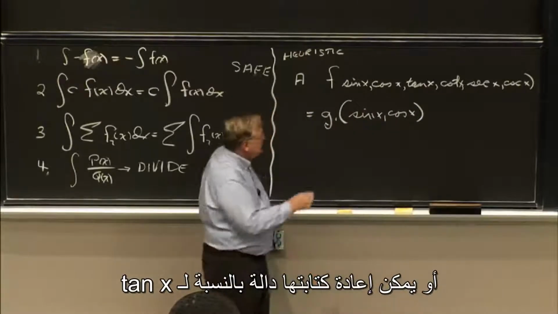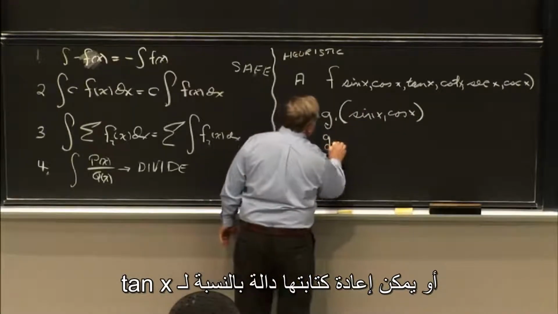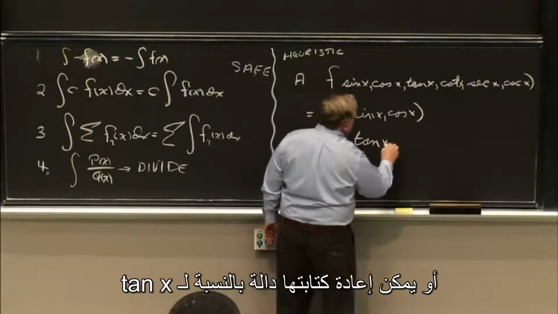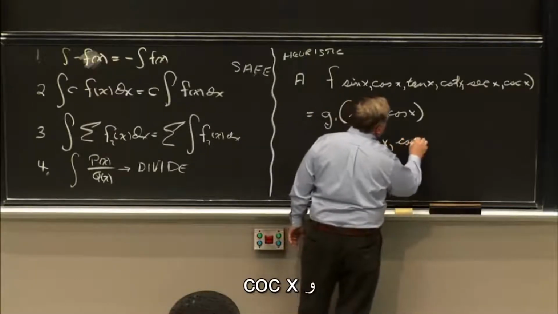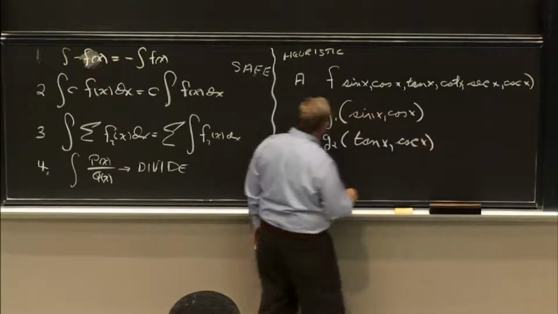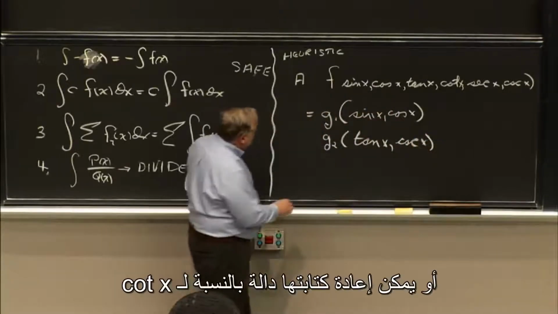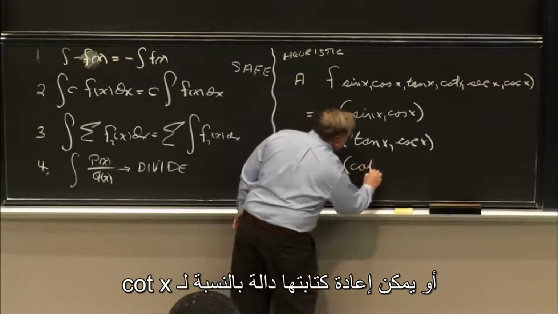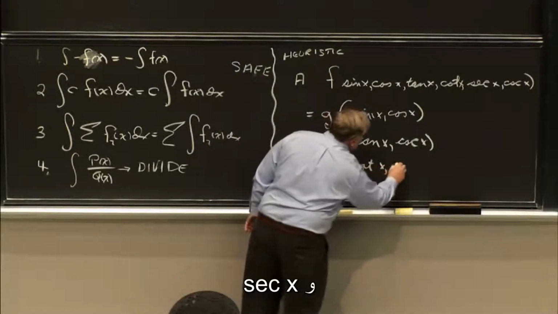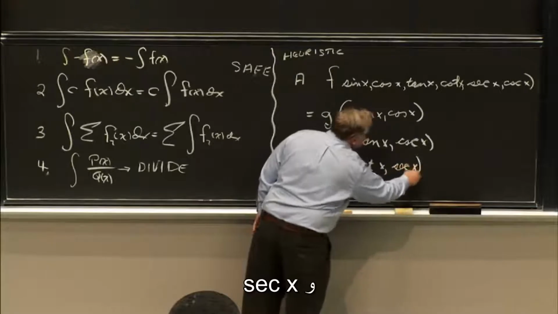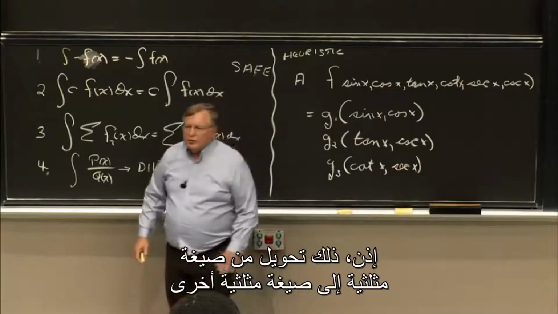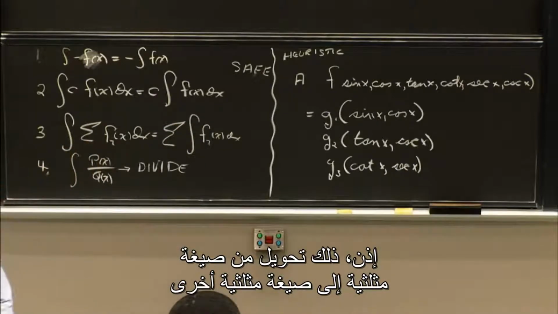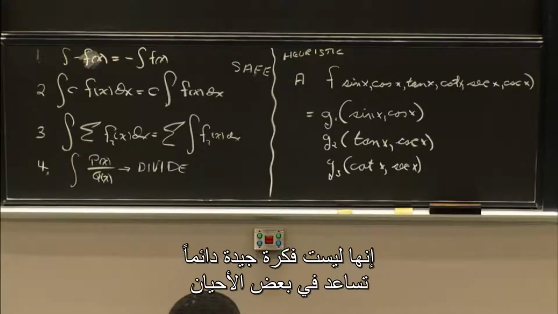Or we can rewrite that as a function of tangent of x and cosecant of x. Or we can rewrite that as a function of cotangent of x and the secant of x. So that's a transformation from trigonometric form into another trigonometric form. It's not always a good idea. Sometimes it helps.